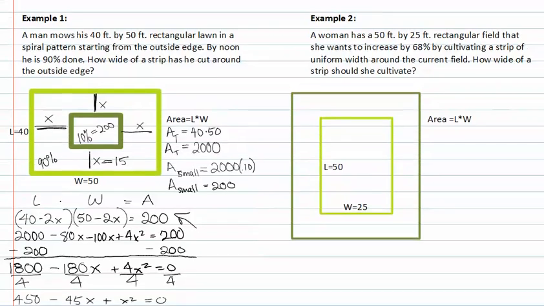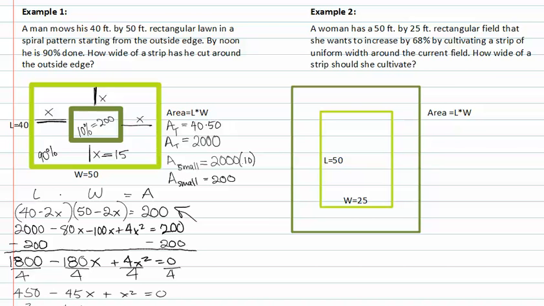In example 2, we have a woman that has a 50-foot by 25-foot rectangular field that she wants to increase by 68%. So the original area was equal to 50 times 25, which was equal to 1,250.